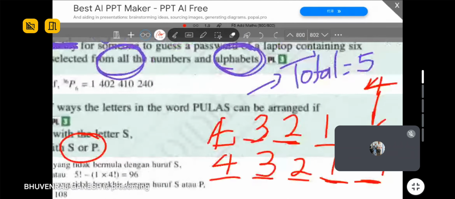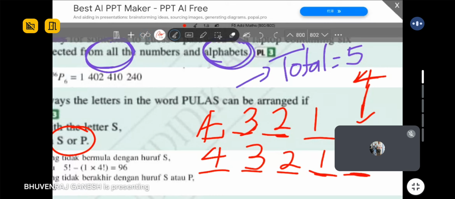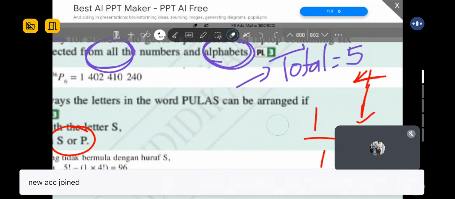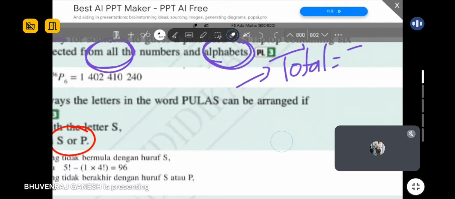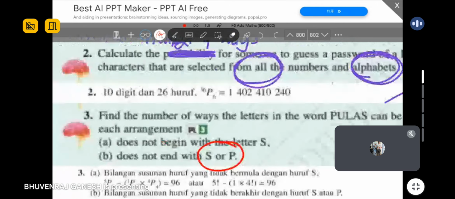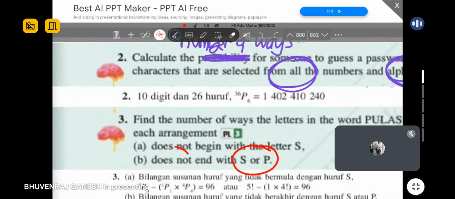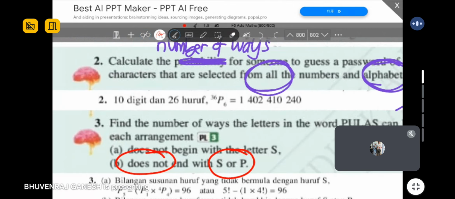Okay, I give you all one tip here. Usually, when you see 2 alphabets, 2 huruf yang mereka cakap, and the question uses a negative sentence, dia guna ayat pasif, it's better to use the method of total, jumlah, minus with S or P. Can you all understand, guys?